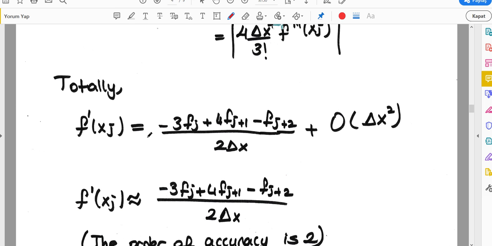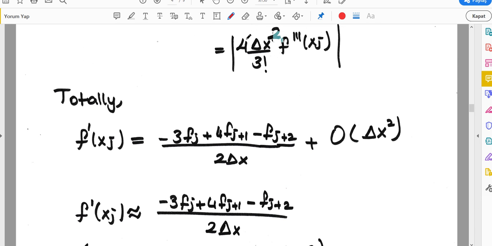We have written all these things into the expression that I have in my process: a0 fj, a1 fj plus 1, a2 fj plus 2, and plus order of what? The constant. You can also use, instead of this, the maximum value of the third derivative. The third derivative maximum value is a constant. So here you can write that it is less than or equal to a bound.